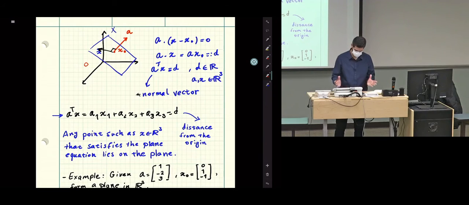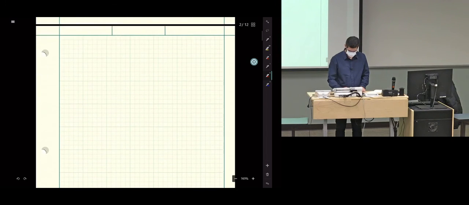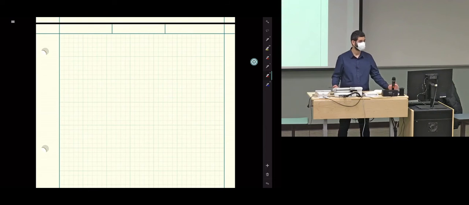This is really what you should be comfortable with. They will probably review, but if you're comfortable with this, you'll have a quick start in any course related to computer vision and machine learning. Okay, is there any question? No?